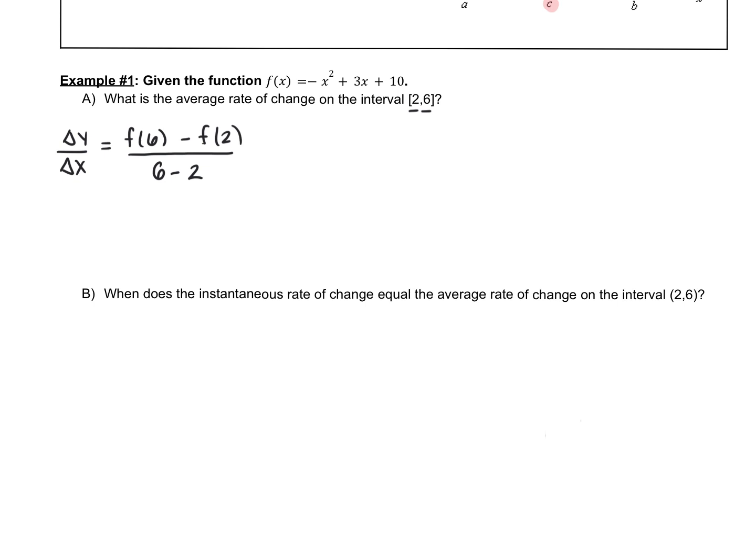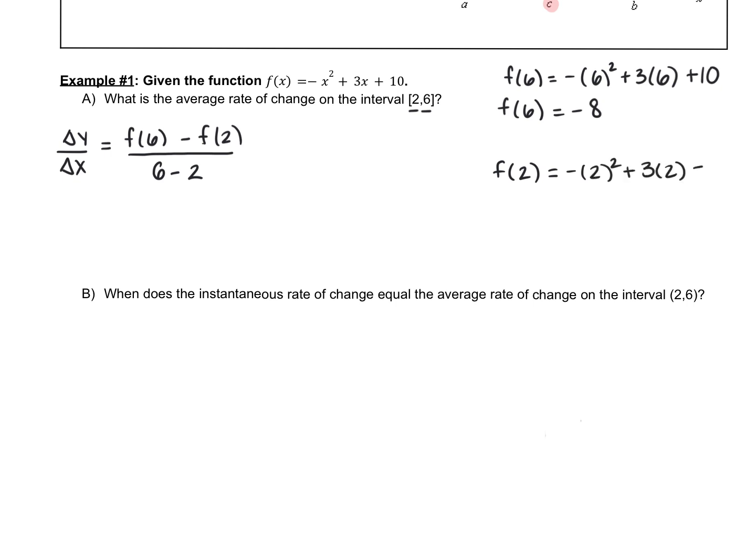So in order to find f of 6, we need to take our function and plug 6 into it. So f of 6, so negative 6 squared plus 3 times 6 plus 10. So just trust my math that f of 6 is equal to negative 8. Now, same thing, if I plugged in 2 into my original function, trust my math again, when x is equal to 2, y is equal to 12.